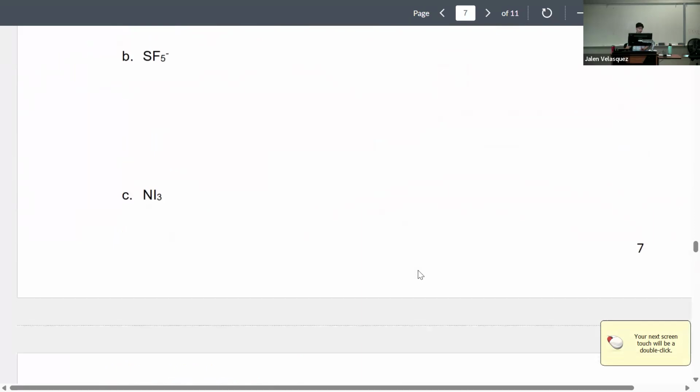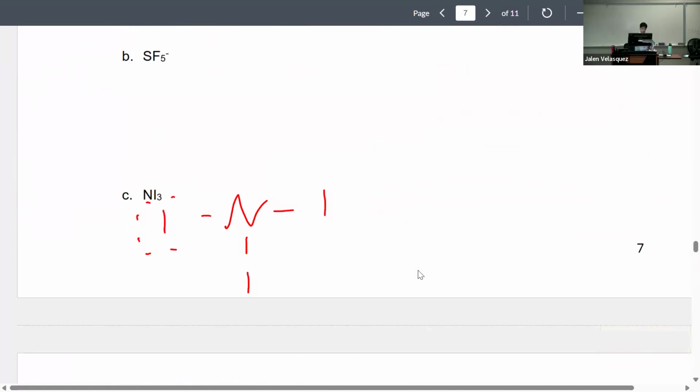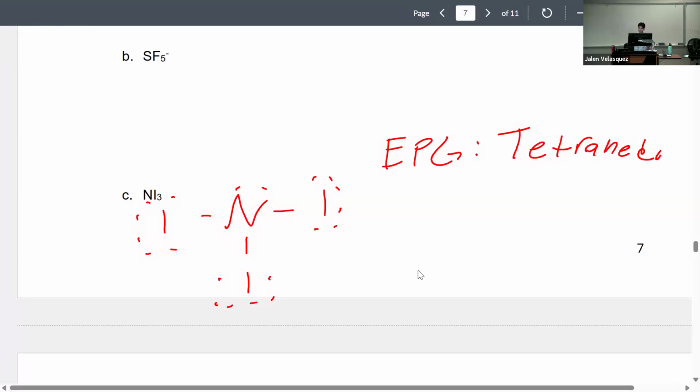All right, what about NI3, nitrogen triiodide? So like this. What is my electron pair geometry? Tetrahedral. And what's the bond angle for a tetrahedral electron geometry? 109.5 degrees.